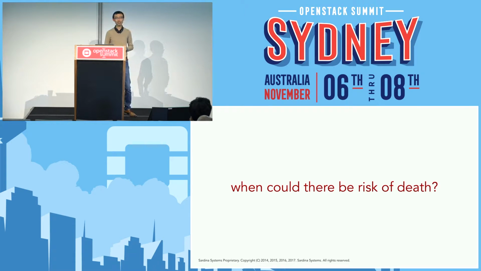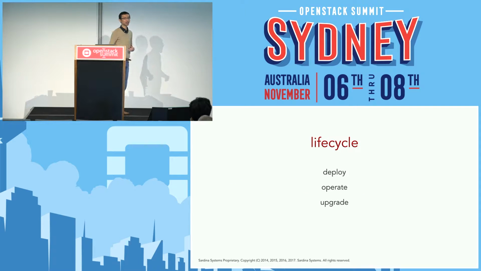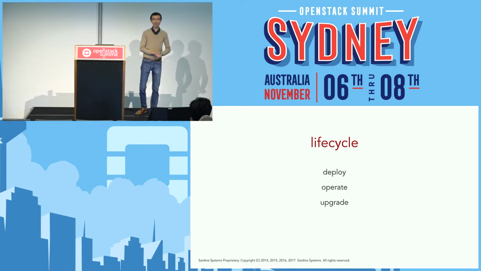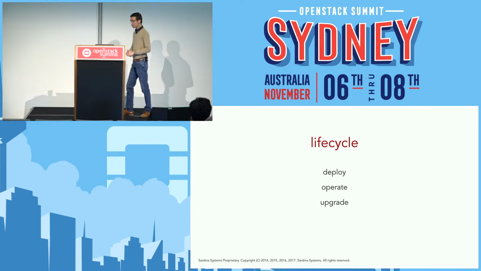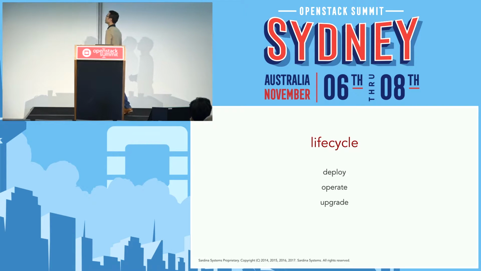I'm going to be talking about death a lot. Now, let's take the OpenStack lifecycle, break it down into 3 parts, and look at death in each of those 3 parts. So the OpenStack lifecycle: you've got deploy, operate, and upgrade.